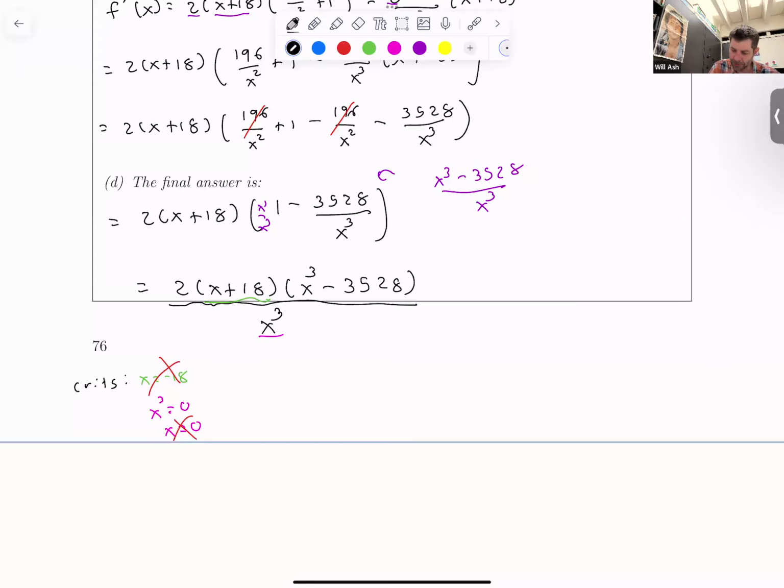We're left with one critical point, and x is going to be the cube root of 3528. Let's just leave it like that for now.